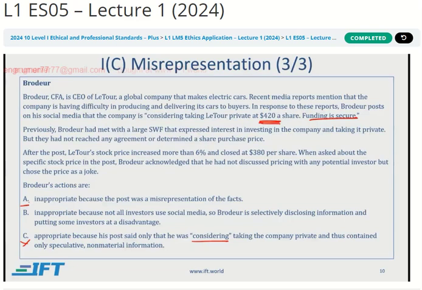Then with respect to A, where the option says inappropriate because of misrepresentation, and B, which says inappropriate because not all investors use social media, the much better response is A, because clearly misrepresentation is happening. With respect to social media, in today's age, social media is generally considered pervasive, and therefore, between A and B, A is the better option.